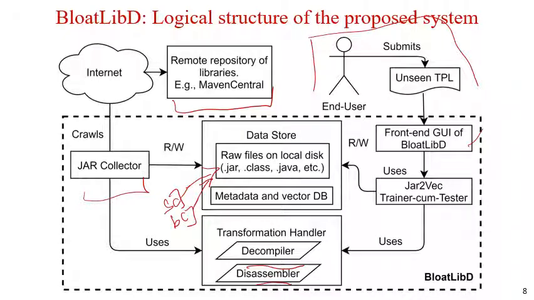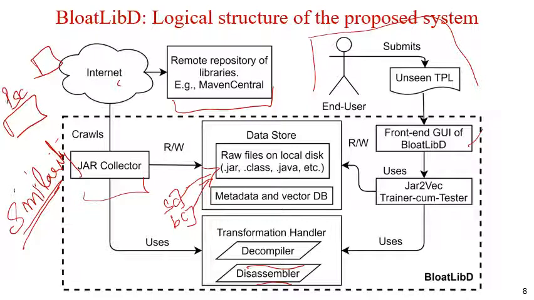Along with that we also store a similarity score in reference to a reference source code record and a reference bytecode record. So in reference to it, we also store the similarity scores. This entire process basically helps us to speed up the search procedure.